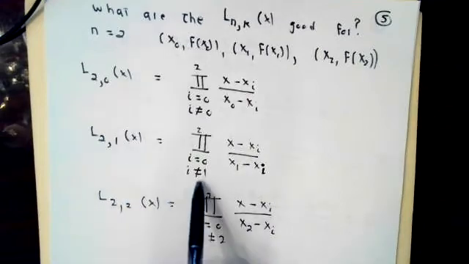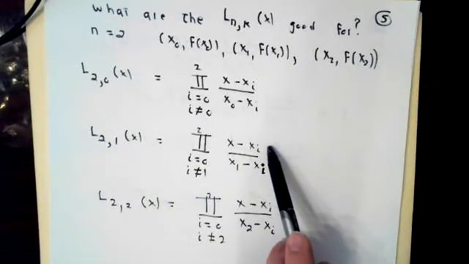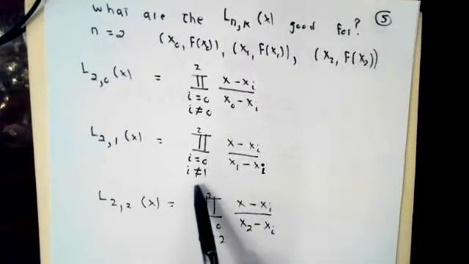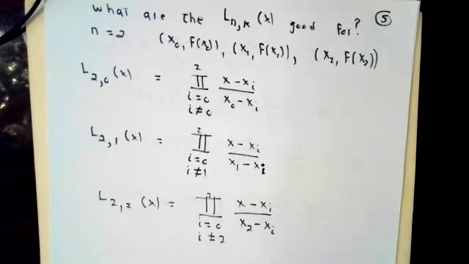L21 of x is the product of all x minus xi over x1 minus xi, except I have to leave out the i equal 1 term. And similarly in this one, I have to leave out the i equal 2 term. If I didn't do that, we would be getting division by 0, and that would be no good.